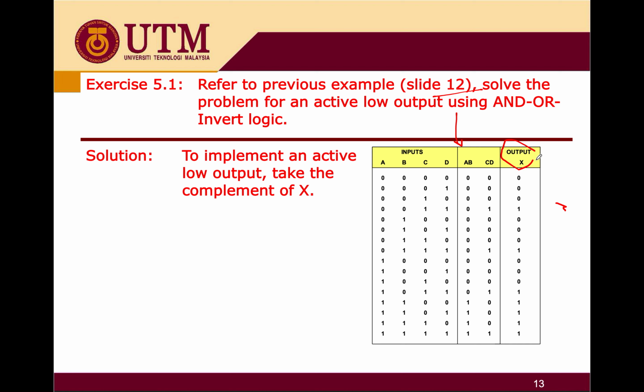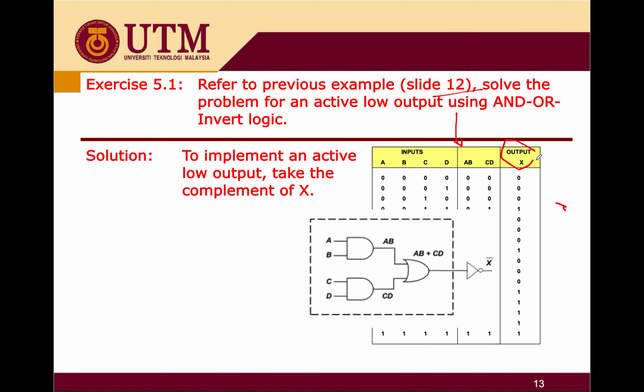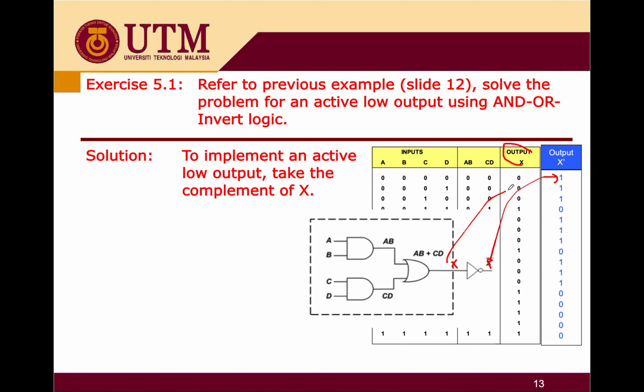This is your X, and after that you are going to do an inverse to implement the active low output. So this is your X over here, and this is the X bar here and here.